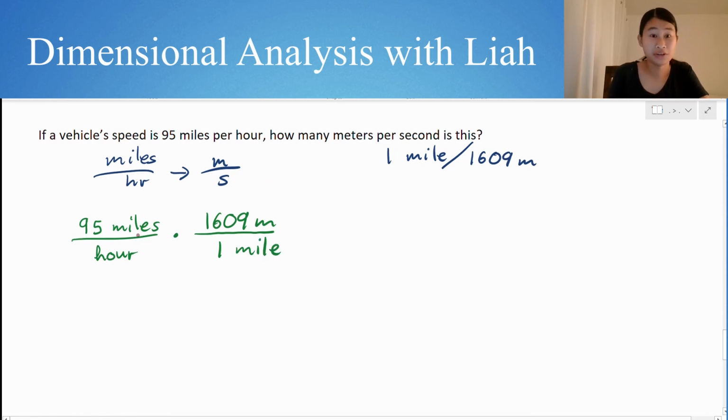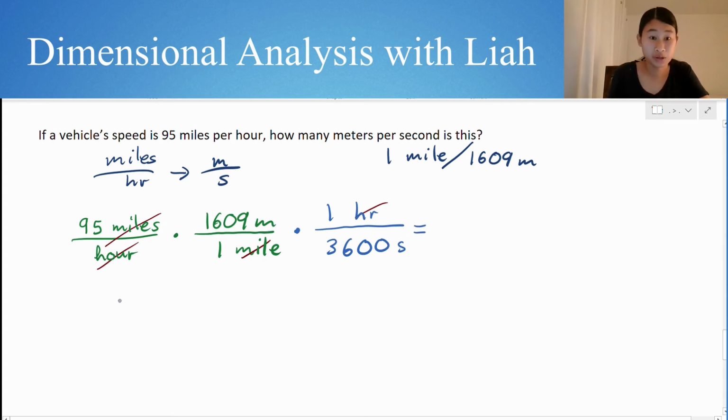So if we have miles on top and miles on the bottom, we get to cancel out that unit. And then we can convert hours to seconds here. So in 1 hour, there are 3,600 seconds. Now that we have hours on top and hours on the bottom, we get to cancel out that, leaving us with meters per second.